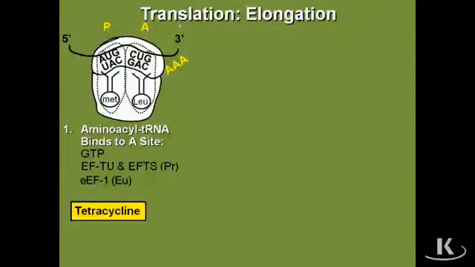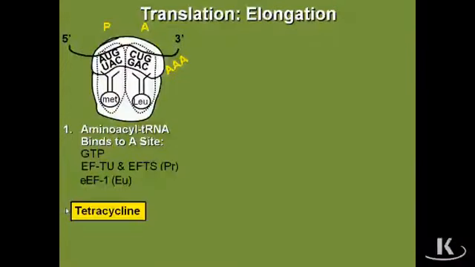Now, the elongation of translation is going to be inhibited by another antibiotic. It's going to be inhibited by tetracycline. How is tetracycline going to function? It's going to bind to, once again, the small ribosomal subunit, and it's going to block entry at that A site.